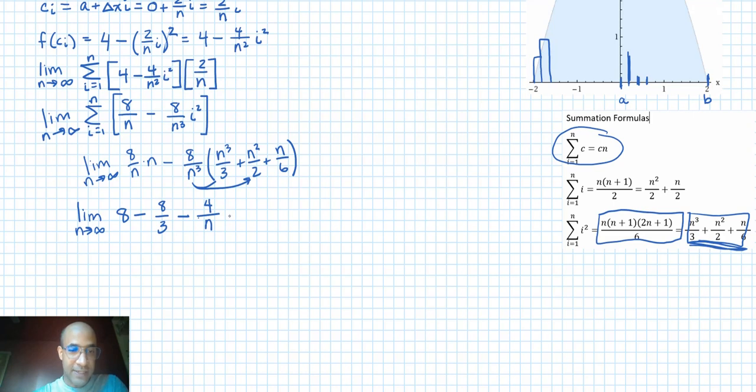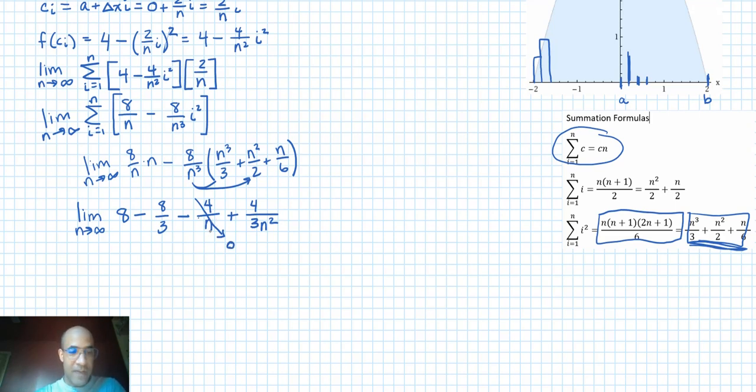And then for the last term, plus, let's see, the 8 and the 6, that will reduce to 4 over 3, right? And I've got an n in the numerator and an n cubed in the denominator, so that'll be n squared in the denominator. Okay. So now we're just going to do the limit of this expression. Keep in mind that when you do this limit, 4 over n, for example, is just going to go to 0. If n goes to infinity, we've learned that this goes to 0 because the denominator is going to increase without bound.